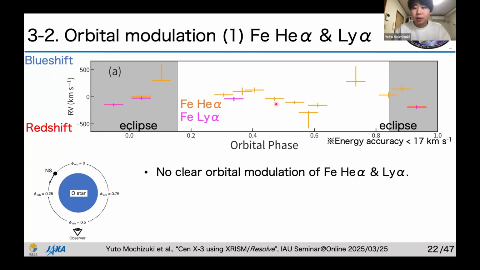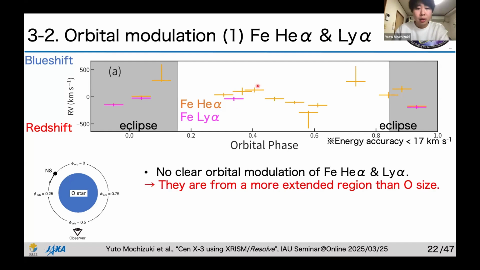The orange dots show the result of iron helium alpha, and the magenta dots show the result of iron lyman alpha. As you can see, there is no clear modulation. So it suggests that they do not show the orbital motion and originate from a more extended region than the O star.